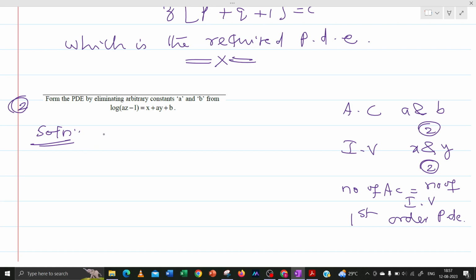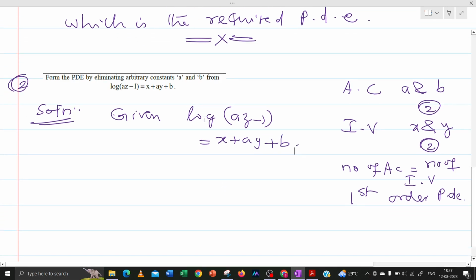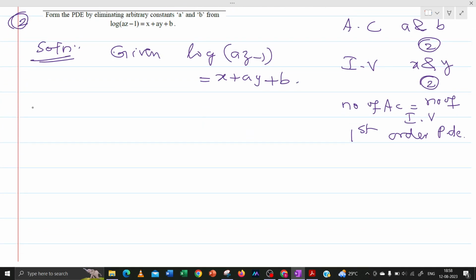Given, same problem we have solved in the class also. Log(az minus 1) equal to x plus ay plus b. Okay, this is equation number 1.